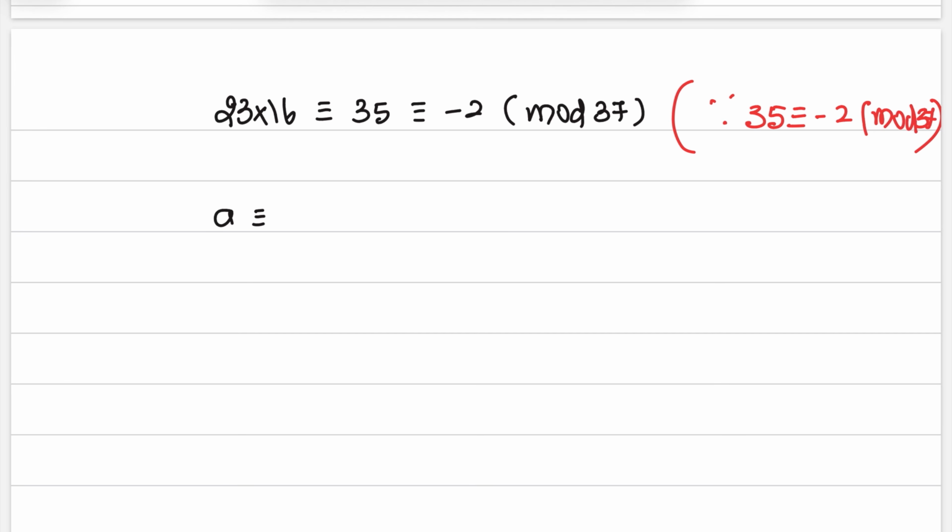A congruent to 23 into 16B mod 37 can be written as A congruent to 23 into 16, and how can we write it?